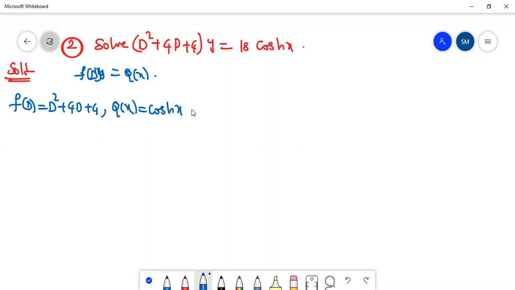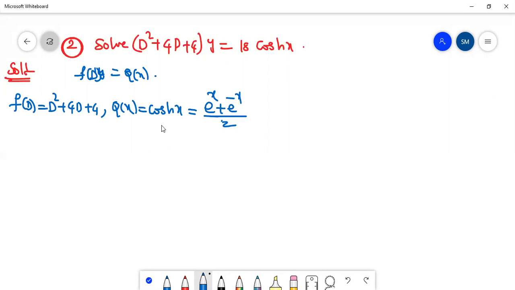We cannot discuss cos hx directly, but we know the expression of the hyperbolic function in exponential form, that is e power x plus e power minus x by 2 for cos hx. If they have given sin hx in Q of x, it means e power x minus e power minus x by 2.